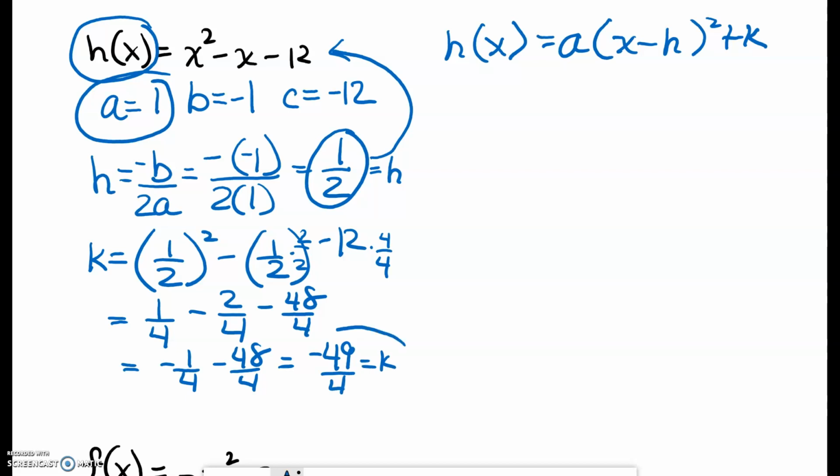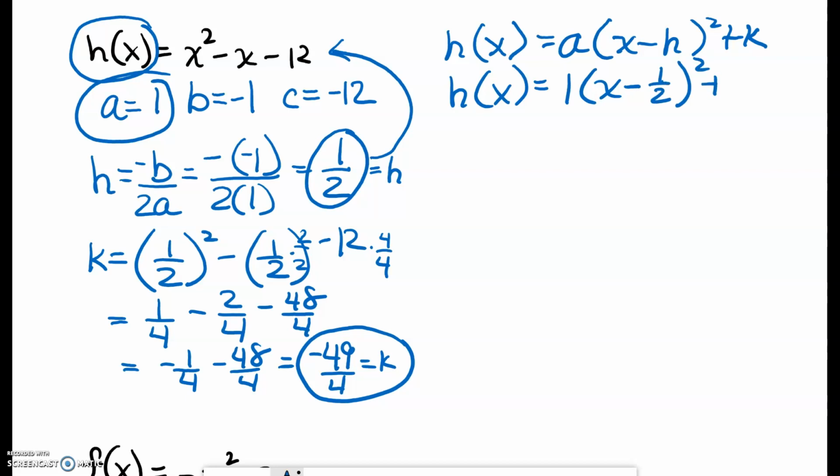That's my k value. All right, so let's just plug those values into this equation right here, and we get h of x equals a positive 1, x minus 1/2 squared, plus a negative 49/4. Okay, so now let's get rid of our double signs.